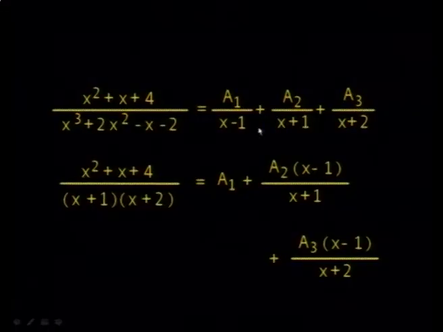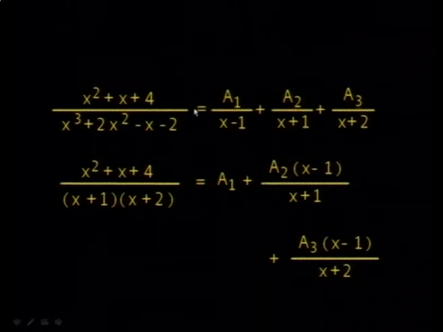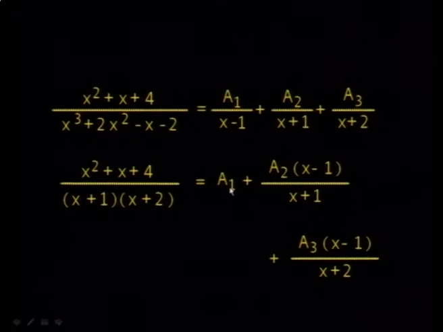You can multiply both sides by x minus 1 to obtain this form here. This expression is what you get when you multiply both the right-hand side and the left-hand side by x minus 1. Now, when you multiply by x minus 1, this becomes A1, while here you have A2 times x minus 1, and here you have A3 times x minus 1, while here you remove the bracket, which is x minus 1.